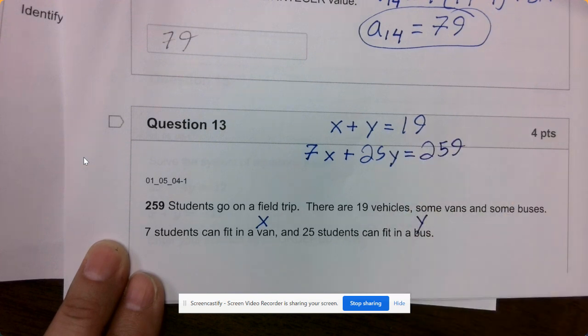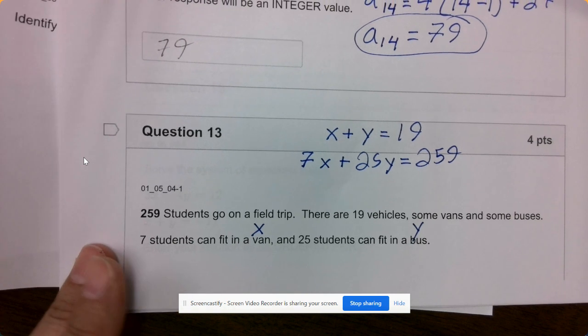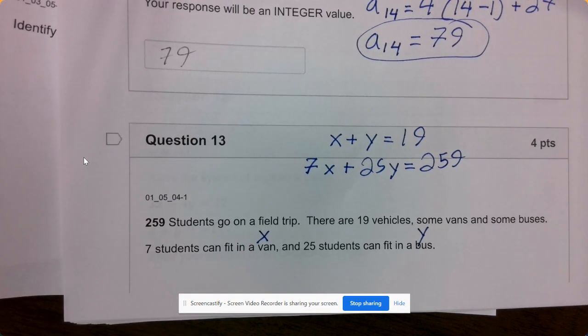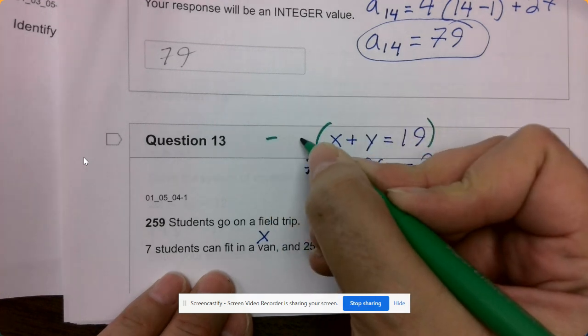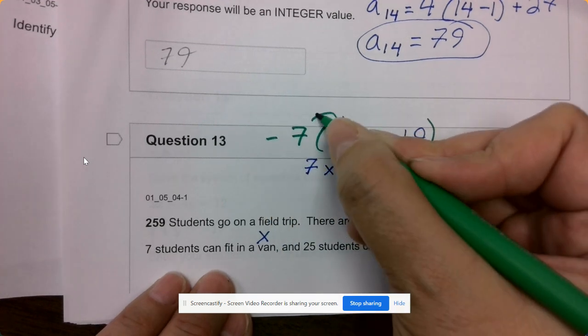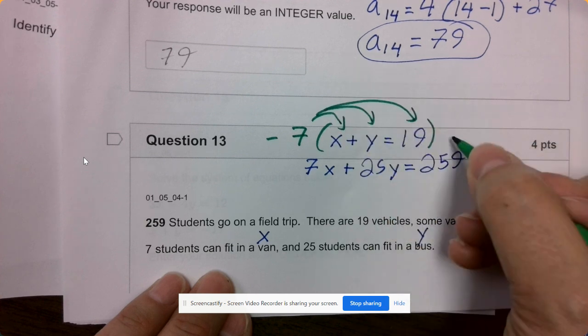Okay, we're going to do elimination. You can also put these both in slope-intercept form and graph them. So I'm going to multiply by -7, this whole thing by -7.